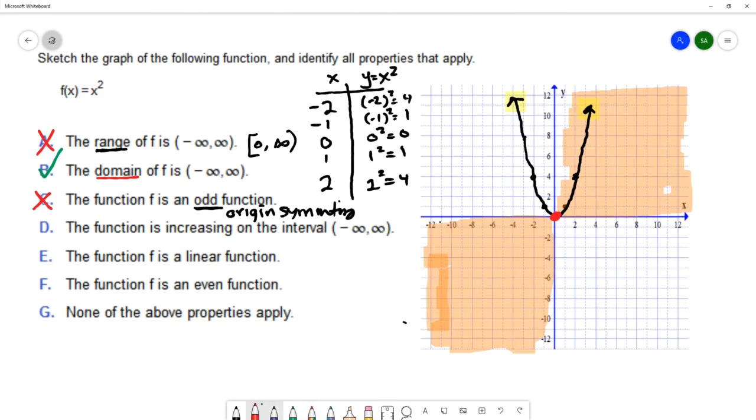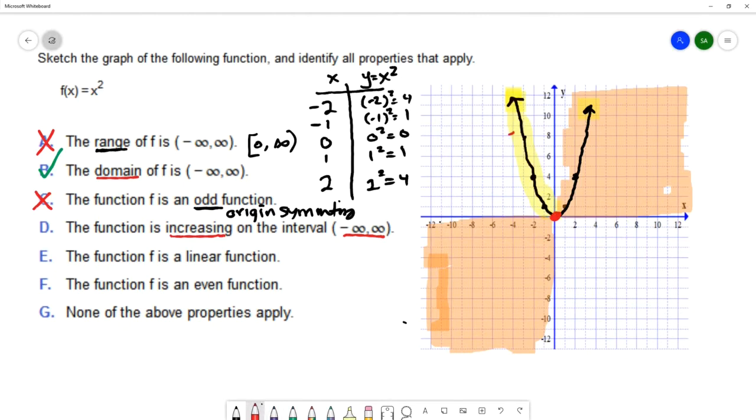The next property mentions being increasing on the interval from -infinity to infinity. Now, as I analyze this graph, if I trace this graph starting here, I can see that my function is decreasing on this portion of the graph.